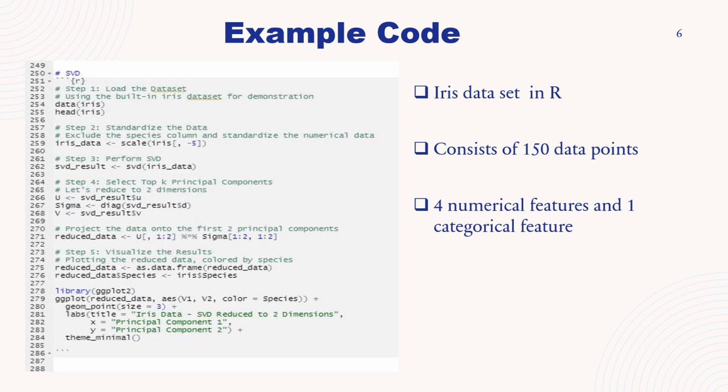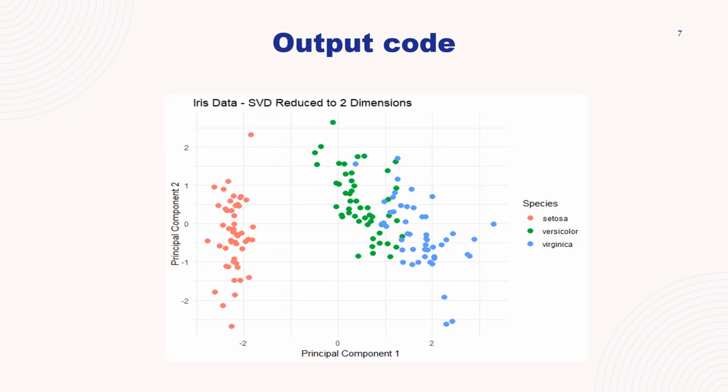The outcome of the plot is that we have 3 clustering groups based on principal component 1 and principal component 2. If you have been following the videos, we talked about principal components when we looked at PCA.